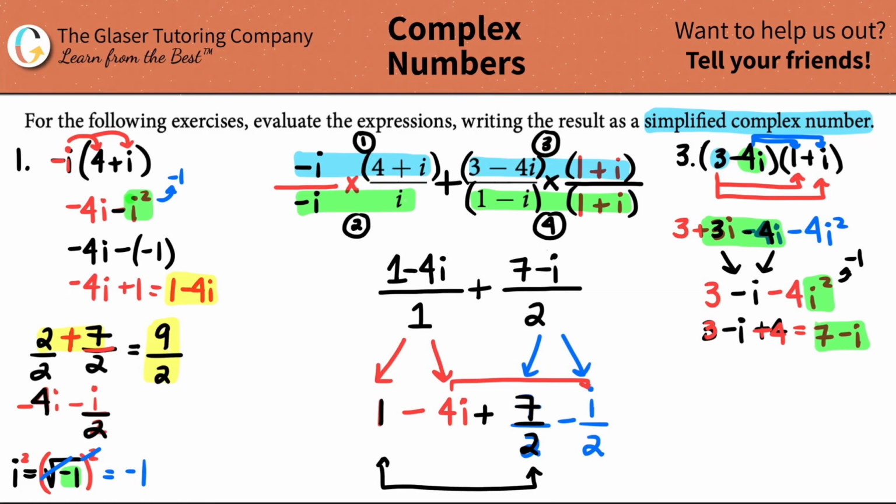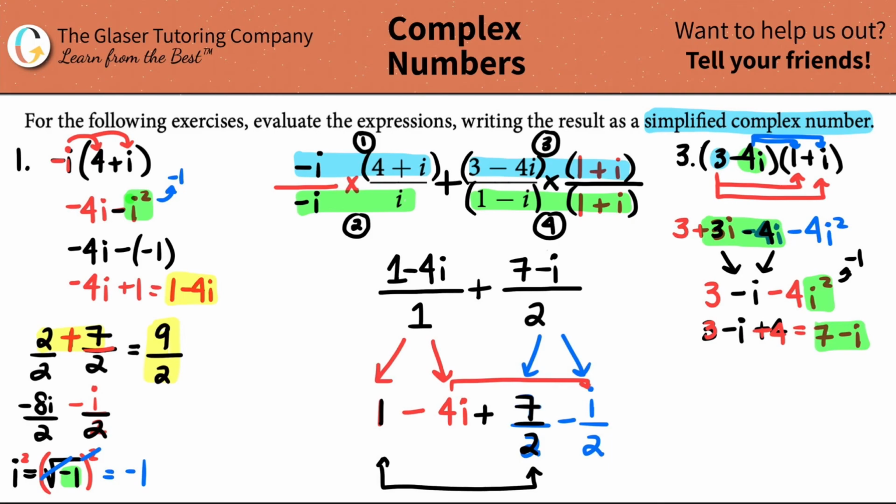Any number that's just by itself is always over 1. So I want to multiply the denominator by 2, but I have to multiply the numerator by 2. And a 2 times a negative 4 is a negative 8. So this would be the same thing as saying negative 8i over 2. And then that's the same thing as a negative 4i, right?